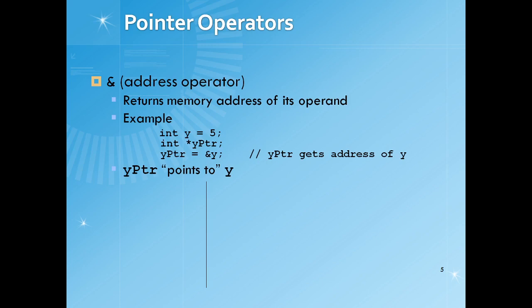The address uses the symbol. I mean, it is an integer. For example, here's integer y equal to 5. Then you also define another pointer that actually points not to the value, but to the address of the variable. So that's a kind of usage when you're using a pointer.